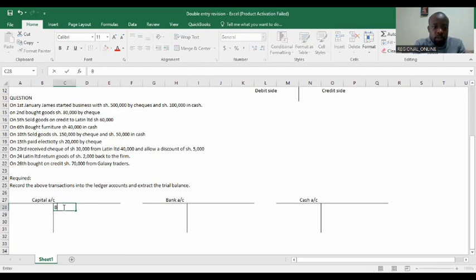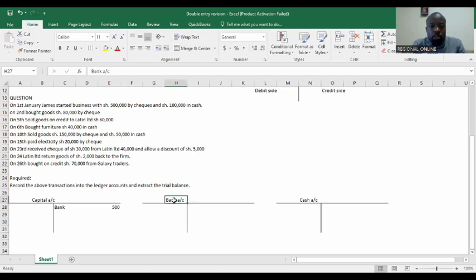So the first one is by cheque. That is 500,000. I'll use the figures in thousands. So once I credit capital, automatically the next account should be debited, because the rules say that once it has gone to the debit or the credit, the other one has to be the opposite side.